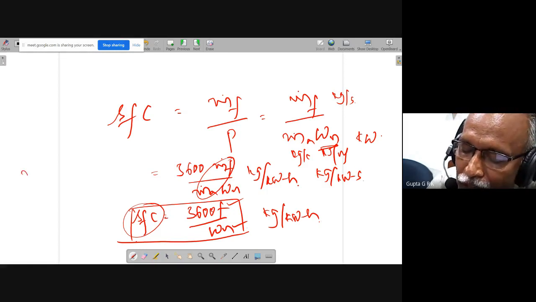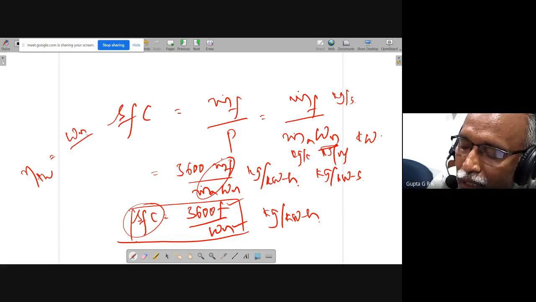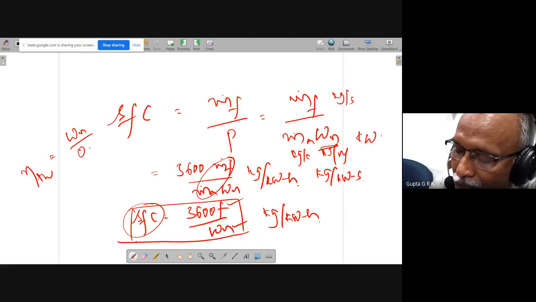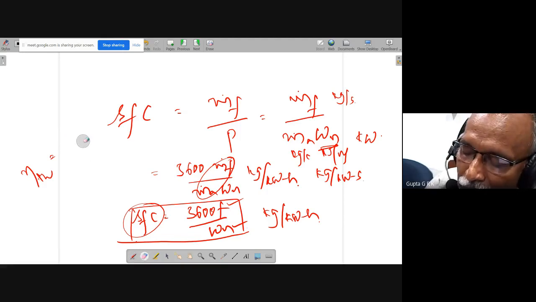And efficiency, thermal efficiency or cycle efficiency, this is already known. So here, overall efficiency, if I want, I can write like this: output power by input.